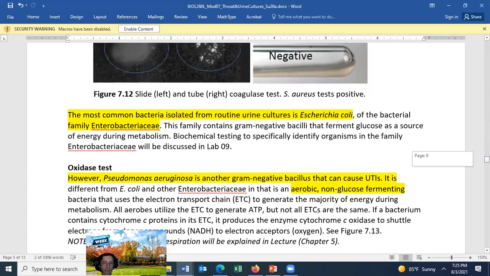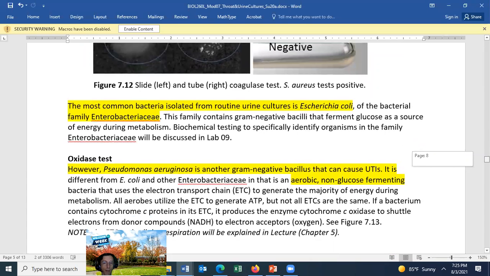It is a gram-negative bacillus, but it's different from the Enterobacteriaceae because instead of being a facultative anaerobe, it's an aerobe. Instead of fermenting glucose, this one does not ferment glucose. And Enterobacteriaceae will be oxidase negative, and Pseudomonaceae is oxidase positive.